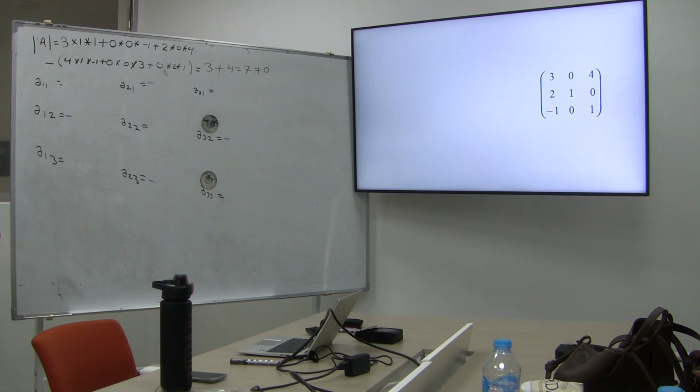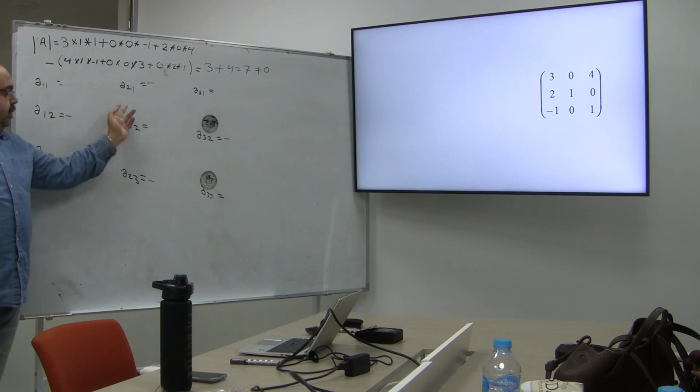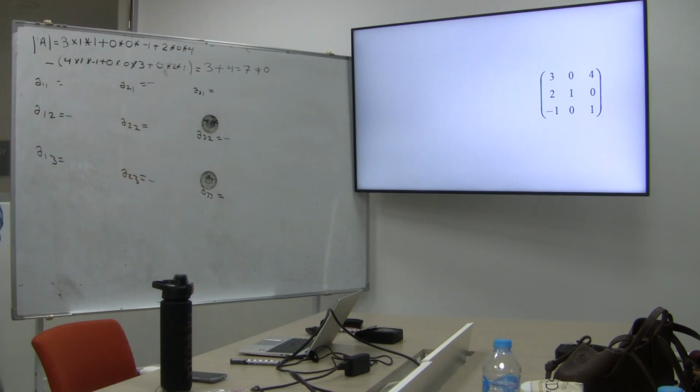And it's really simple to check. If you get the sum of these two numbers, if it gives you an odd number, it should be a negative sign. Even number, it should be a positive sign. So whenever you check, you will find the negative sign in front of the elements where i plus j is an odd number.